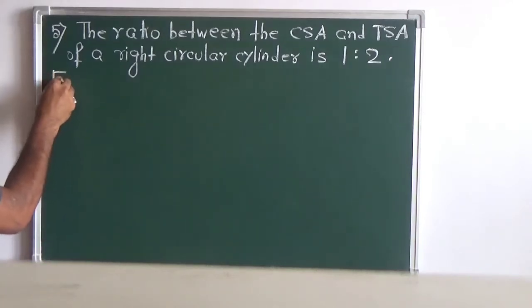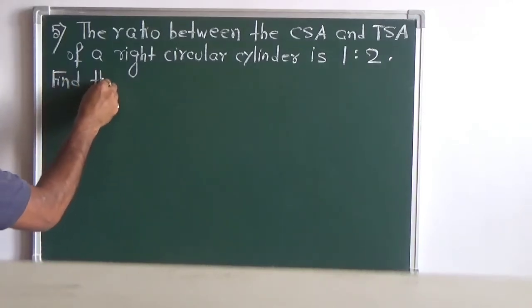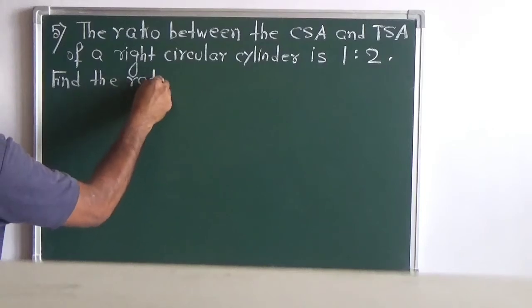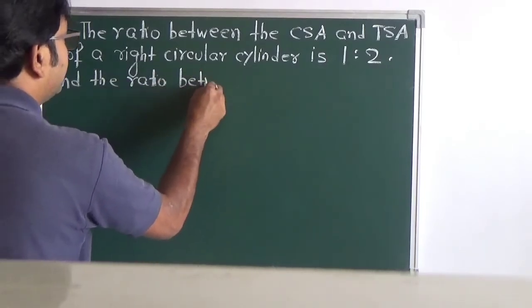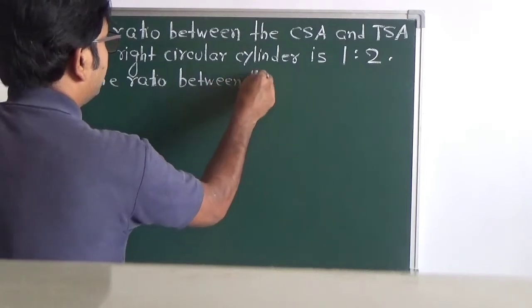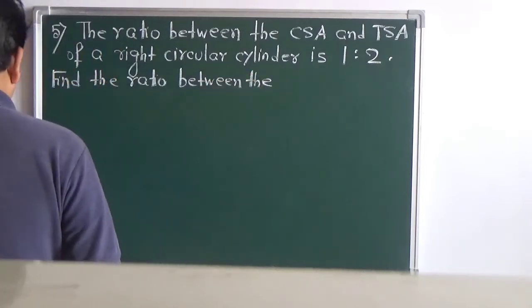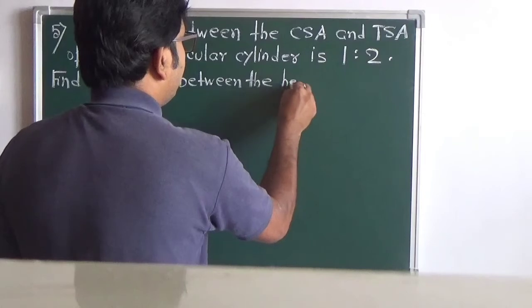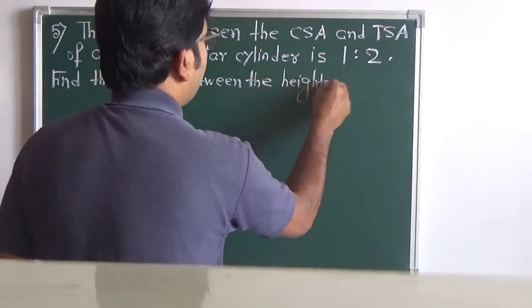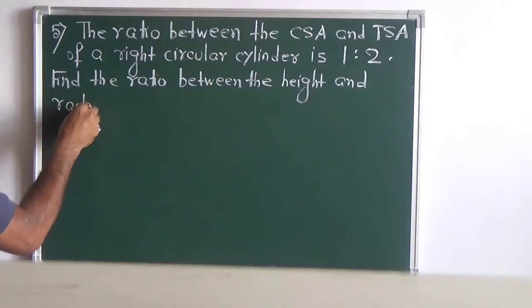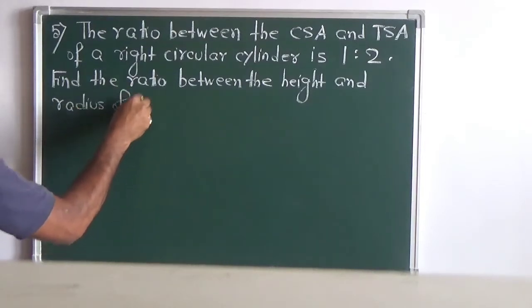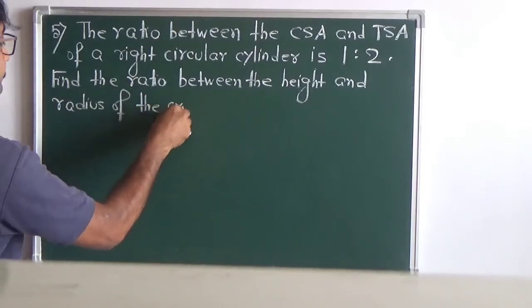Find the ratio between the height and radius of the cylinder.